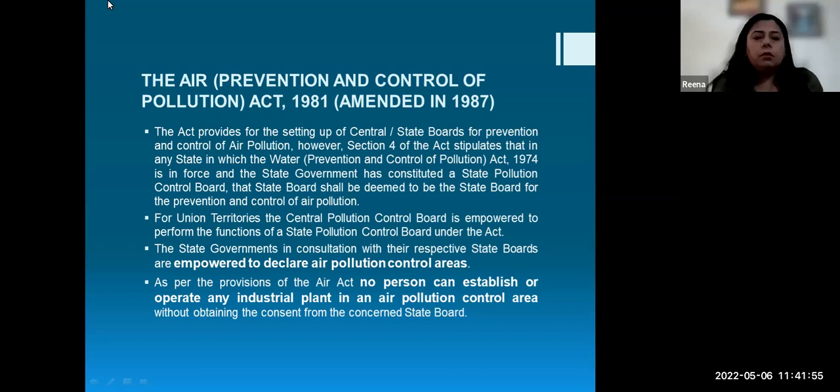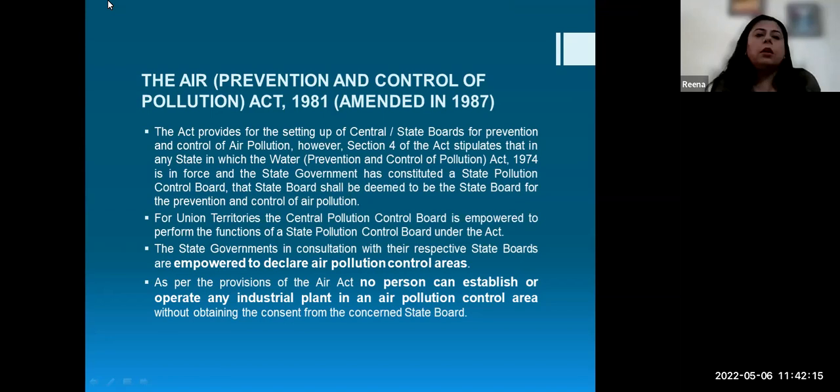The cumulative load on the air canopy in that area is very high. Any new industry that comes up will add to the cumulative load of pollutants already there in that area of high pollution. So that's why this clause was added.